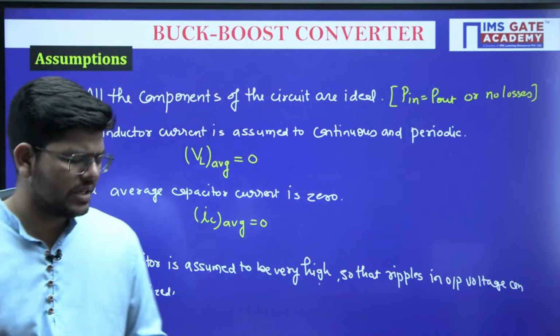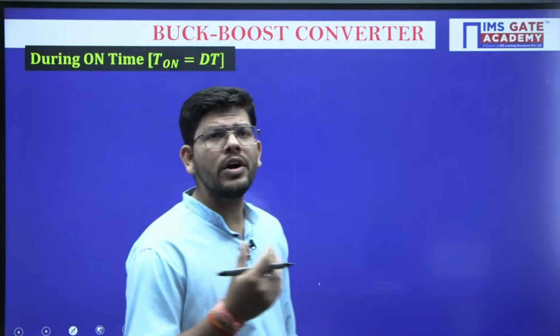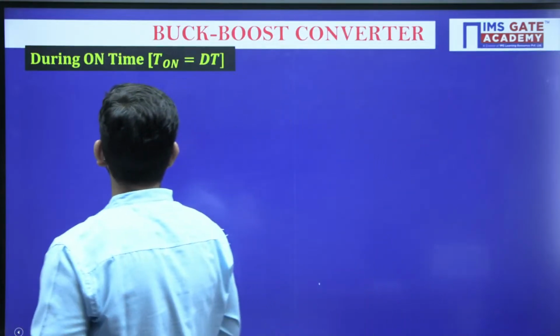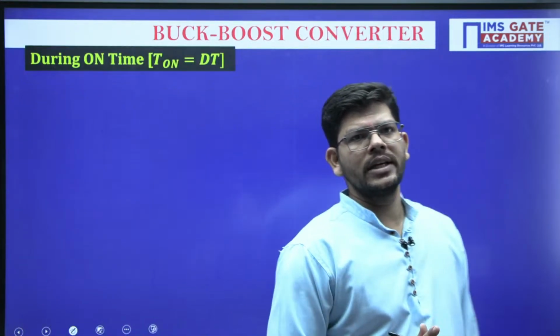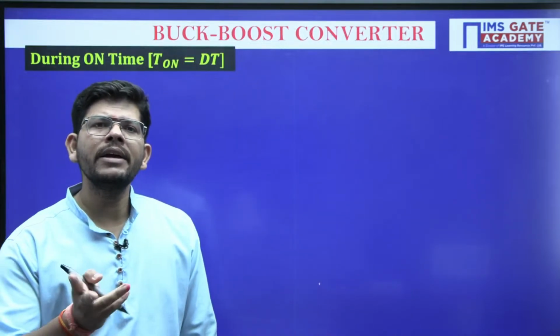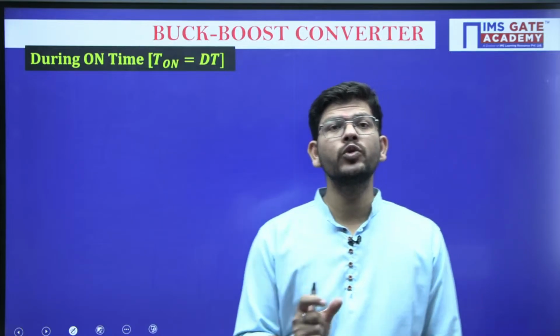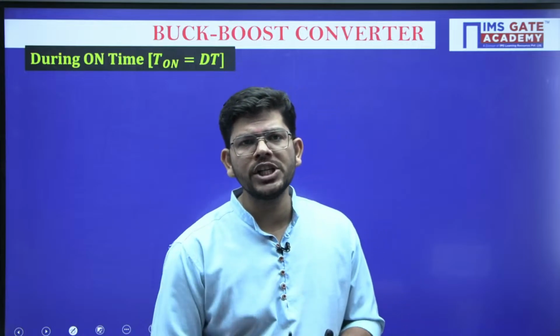So let's discuss the operation of this circuit. Let me tell you what will happen during the on time. There are two switches in this circuit, one is the switch and the other one is the diode, and only one of them will be conducting at a time. On period means the switch is turned on and the diode at that time will be in off position.